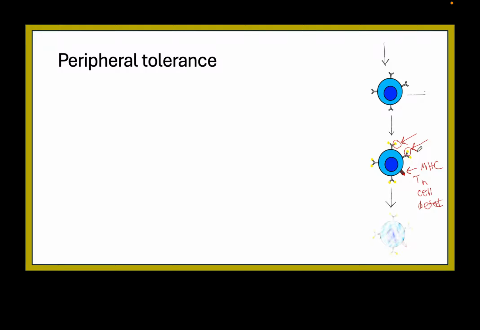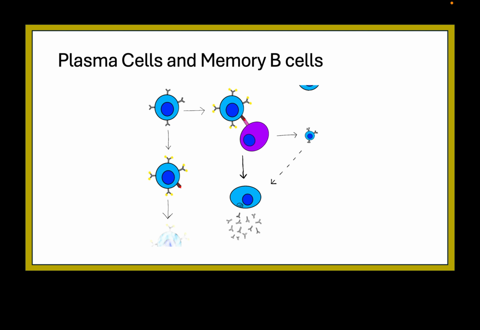And if it's presenting something that the T helper cells do not recognize, because they went through this whole positive and negative selection, that indicates that these are indeed self antigens as well. So again, you're going to have deletion of this clone. So it will go through apoptosis and die off.